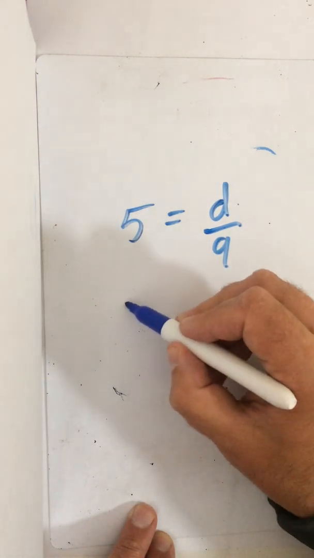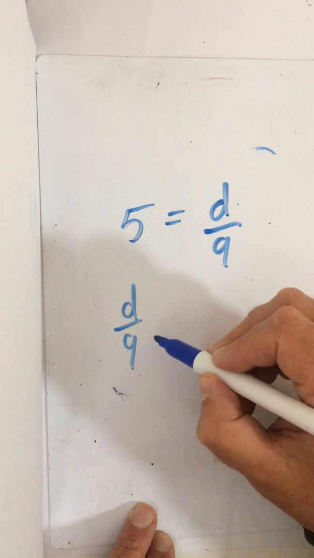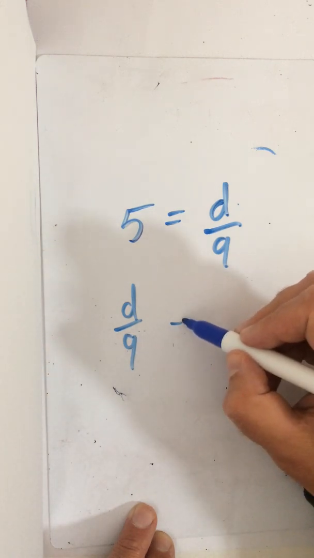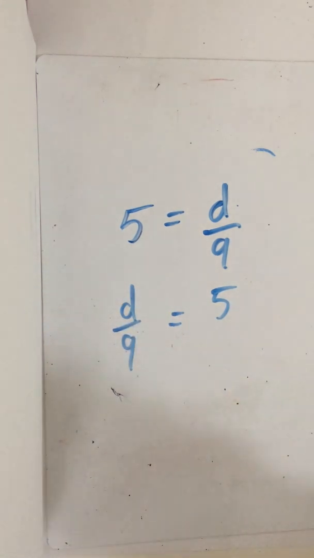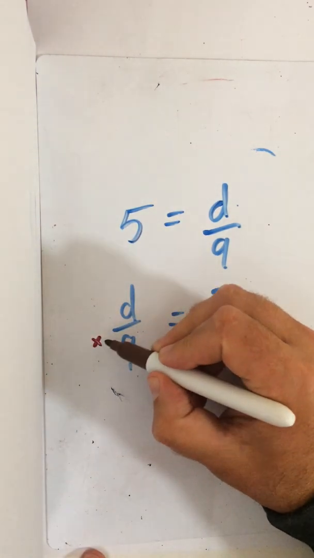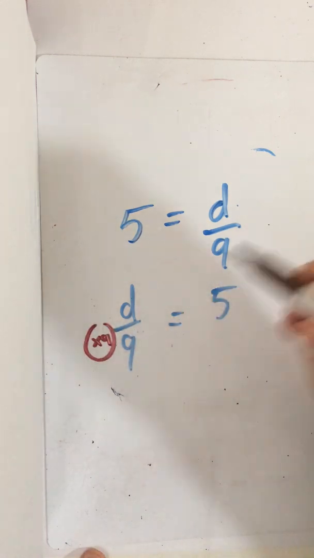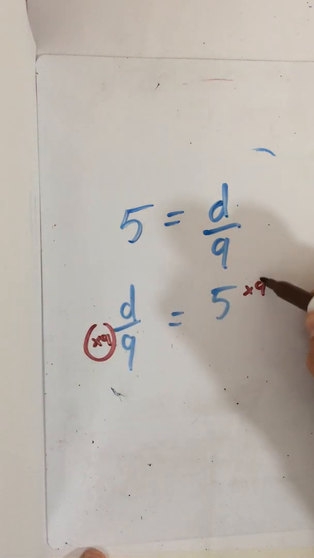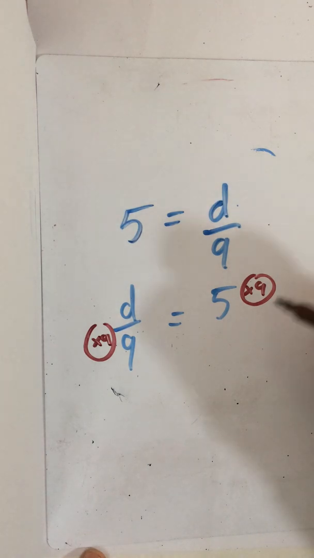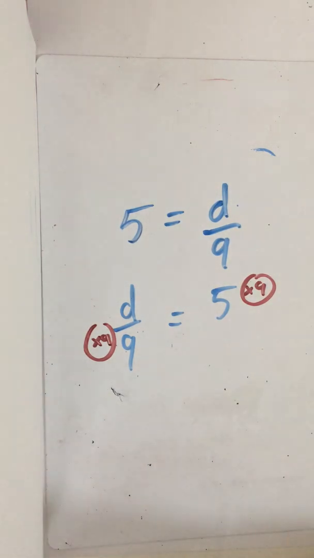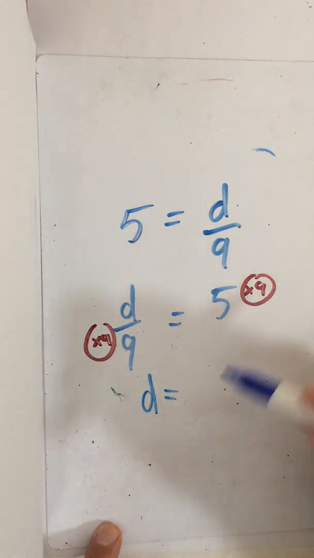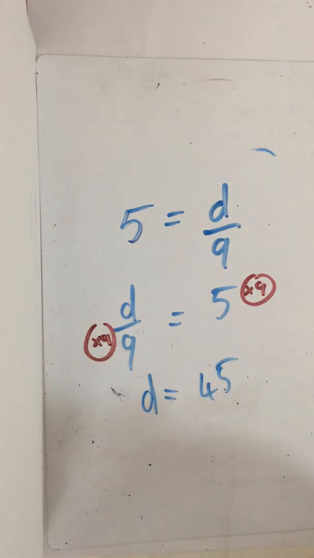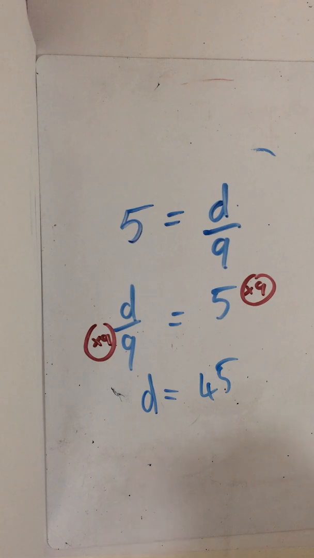I like to put my letter on this side: d divided by 9 equals 5. Now to get rid of this divided by 9, I'm going to times it by 9. I'm going to do the same on the other side, times it by 9. So now I'm left with d just here. 5 times 9 is 45. Okay, d is equal to 45.